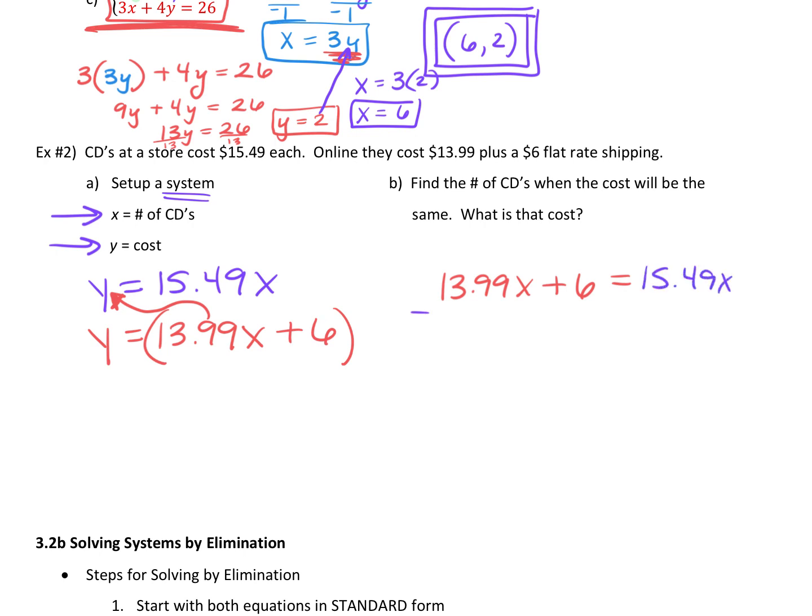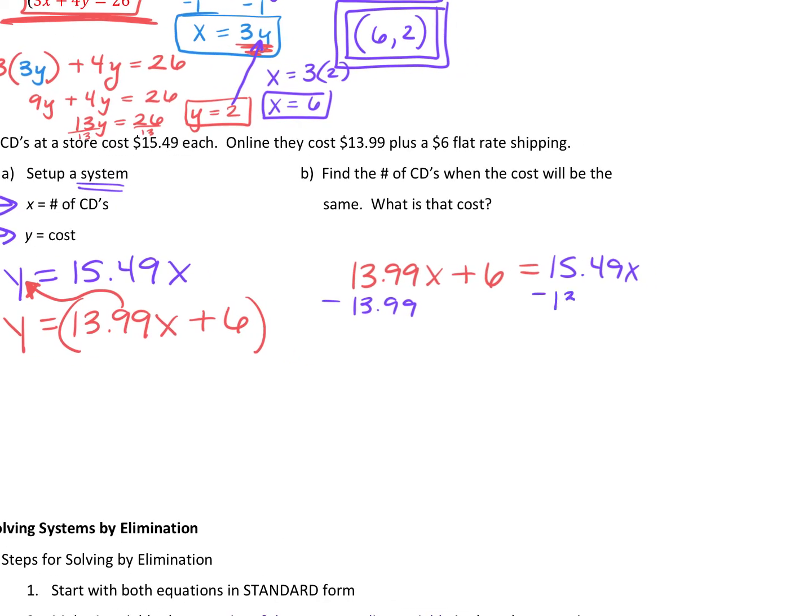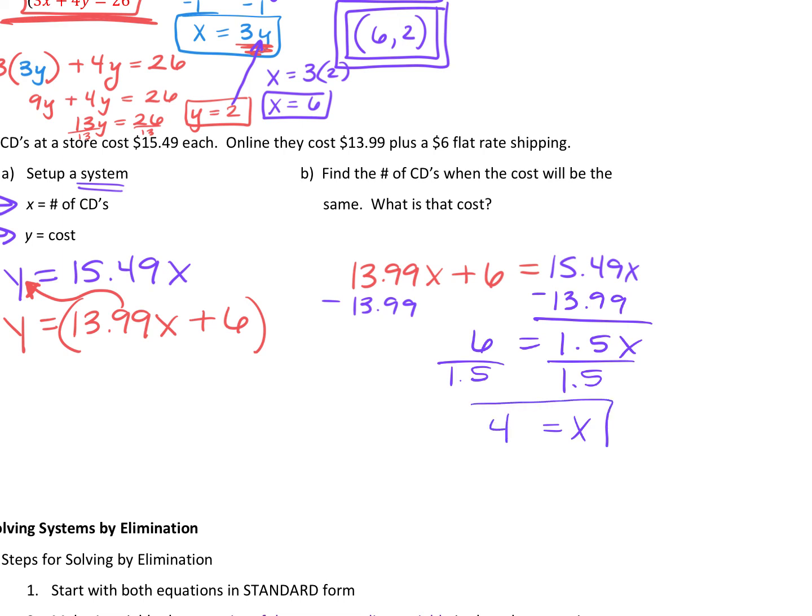So solve that. Take away the 13.99. Okay, so we get 1.5x is equal to 6. And then divide by 1.5. And you get x equals 4. Okay. What's y?